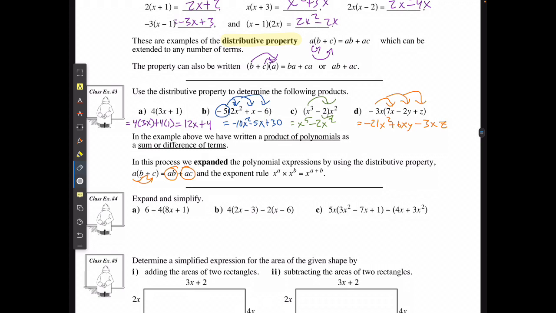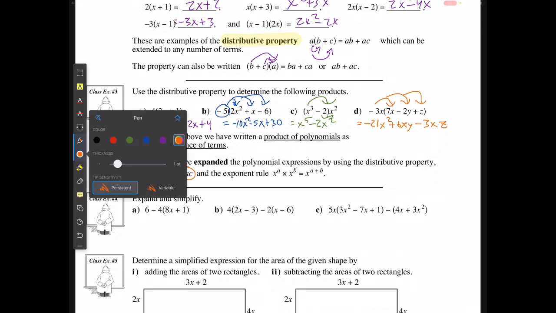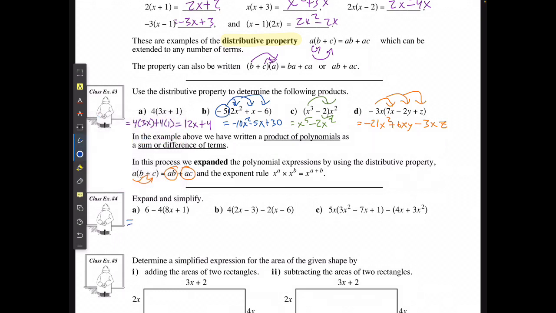If that is true, then the first thing I'm going to do is expand this out. Because the 6 isn't getting multiplied by anything, I'm just going to leave that as 6. But I need to multiply the negative 4, which is the coefficient, into both parts here. So I'm going to have negative 32x and negative 4.